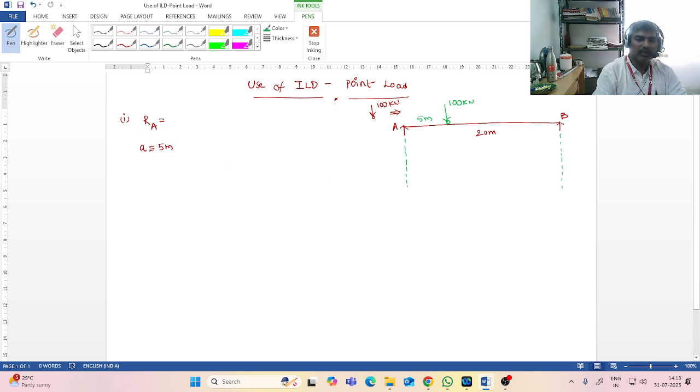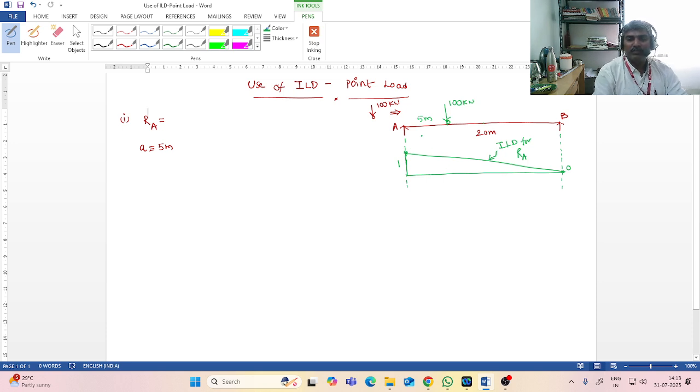So now, as you require the RA value, draw the ILD for RA. From the previous sessions, if you go through my previous lectures, I have explained how to draw the ILD for reaction at A. So this is 1 unit at A, 0 at B, and the triangular shape that you observe here is the ILD for RA.